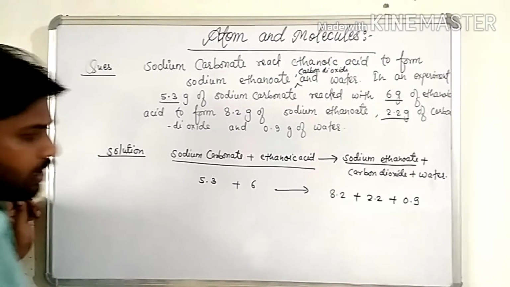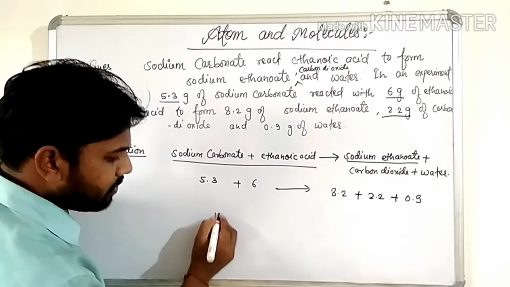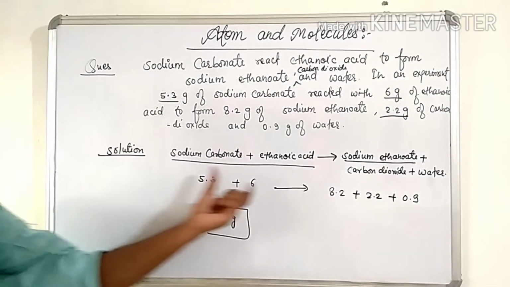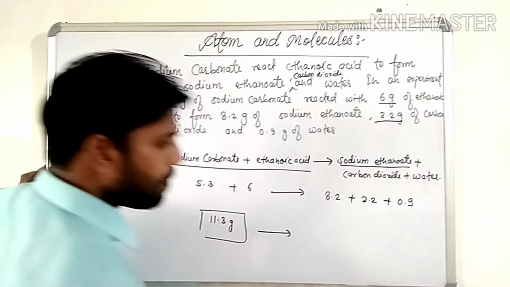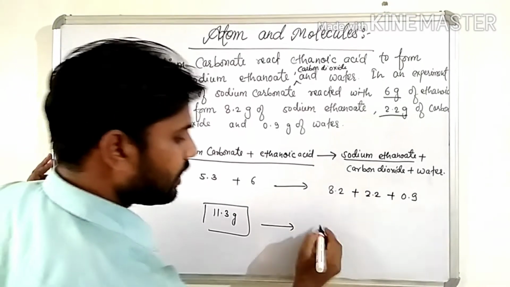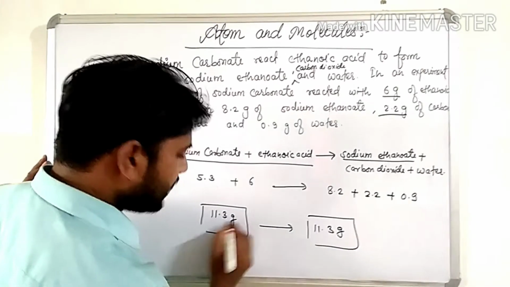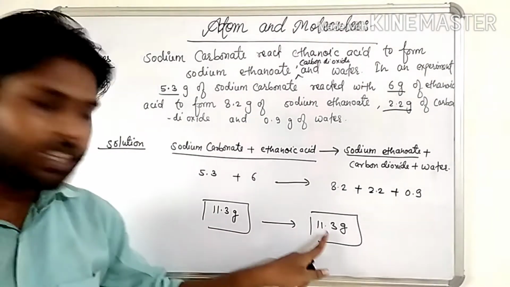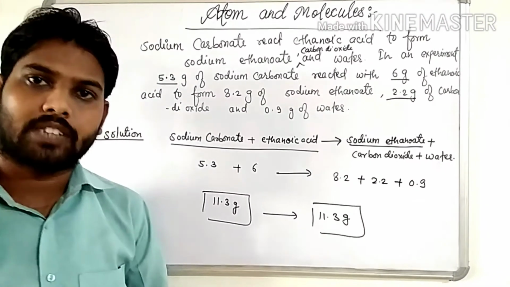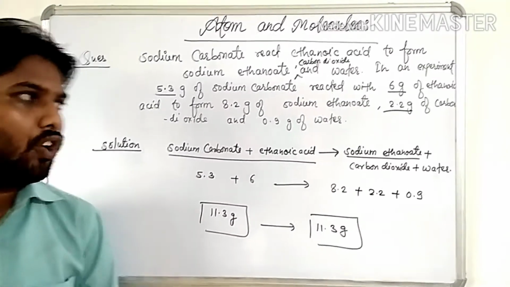Now calculate: 5.3 plus 6 is 11.3 gram of reactants. Now add on the product side: 8.2 plus 2.2 plus 0.9 is 11.3 gram. So children, you can check it, both masses are the same, which means there is no change in mass during a chemical reaction. It means this equation follows the law of conservation of mass.